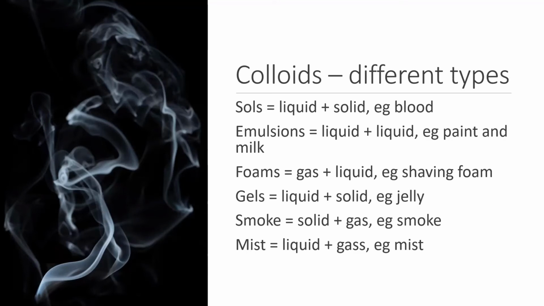It's like paint or milk. Gels, that's a solid mixed with a liquid, and that's like jelly or hair gel, and maybe that's where toothpaste would go. I think toothpaste would go there. And then you've got smoke, which is a solid plus a gas, and mist, which is a liquid plus a gas.